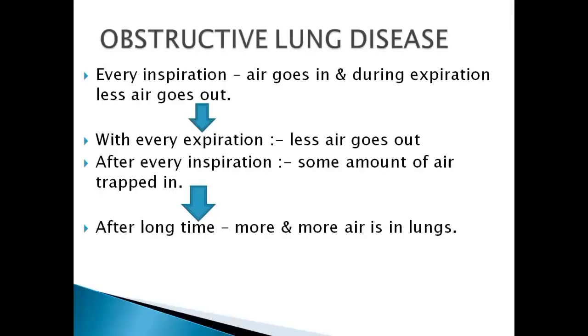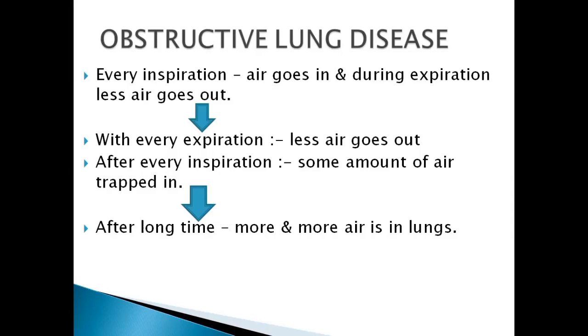What is actually happening in obstructive lung disease? Just imagine, in obstructive, what we had told, the airways are getting narrowed and parenchyma is less dense, and there is increased airway resistance. Just imagine that diagram when we read this slide. So during every inspiration, air goes in, and during expiration, less air is going out because of the obstruction.